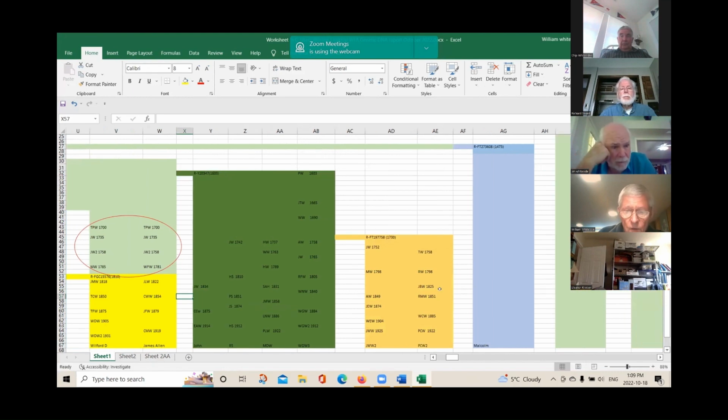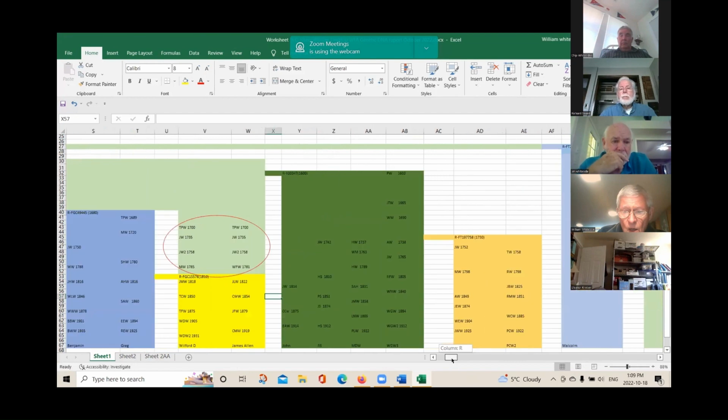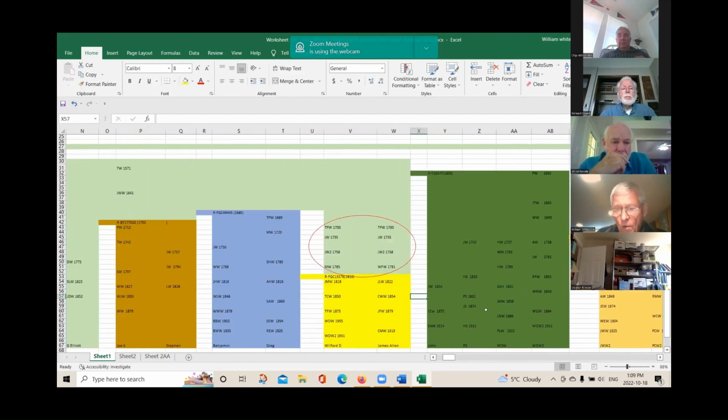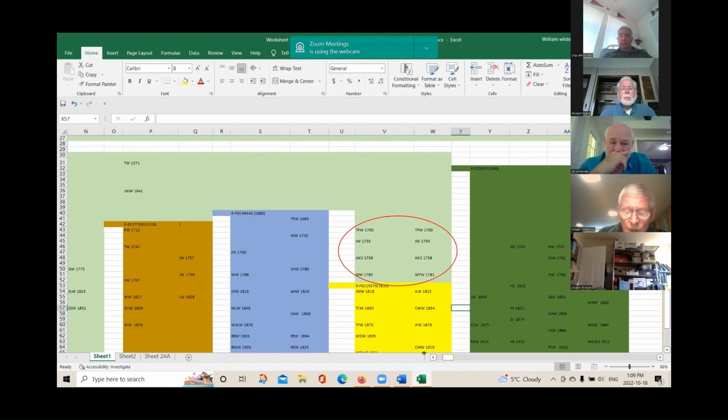Over here and over here, other haplogroups. Now, unlike what we see on FTDNA, I can even make it bigger, which is a little easier.